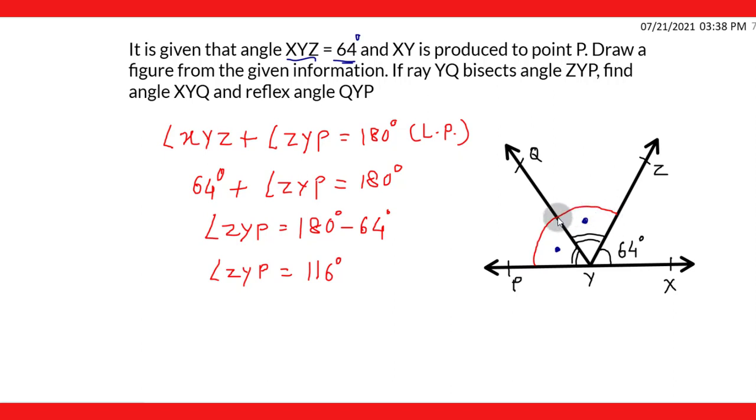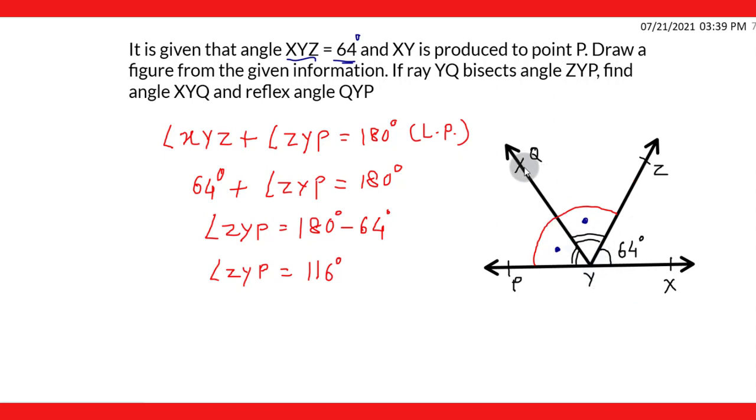So we have got this angle ZYP as 116 degrees, but it is divided into two equal parts because YQ is a bisector. Since YQ is a bisector, this will be half of the total angle and this will also be half of the total angle. So half of 116 will be this angle and this angle. But what do we have to find? We have to find angle ZYQ.